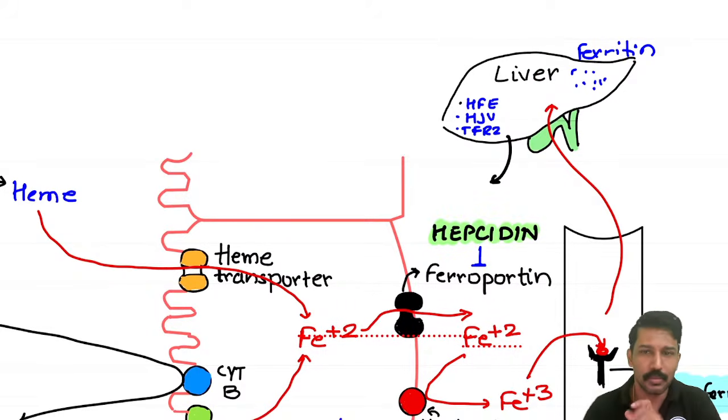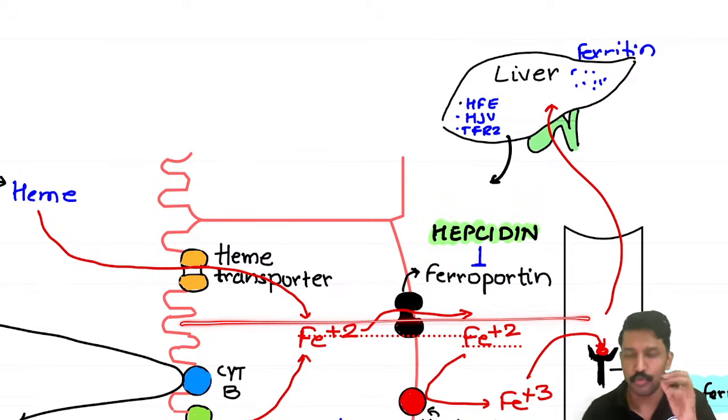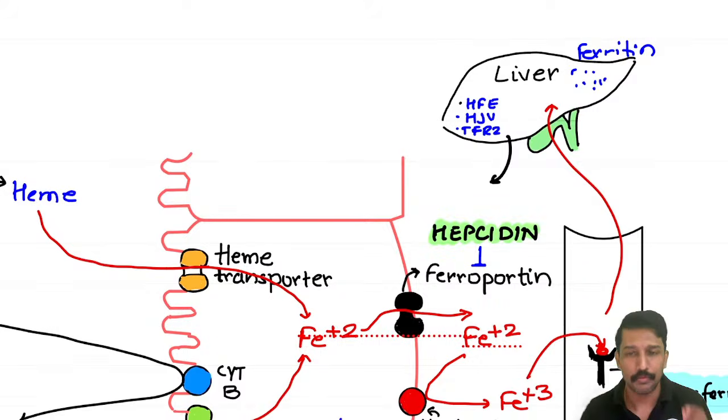This condition, we will call hereditary hemochromatosis. So in hereditary hemochromatosis, why are we having iron overload? The reason is probably these mutations, so that the liver now is not able to release the hepcidin as per the need, and thus ferroportin cannot be blocked, and we continue to absorb iron even when our body stores are full. We will call it hereditary hemochromatosis.